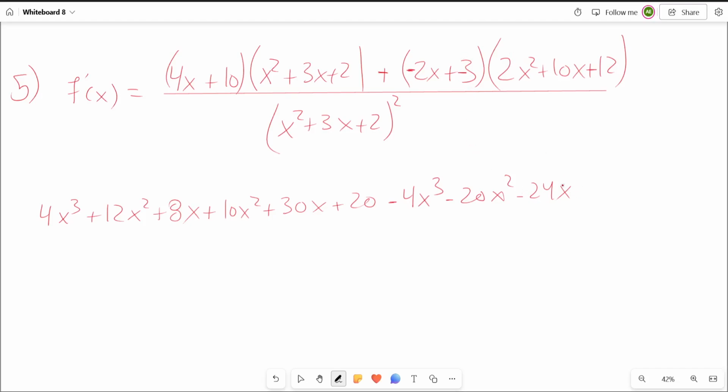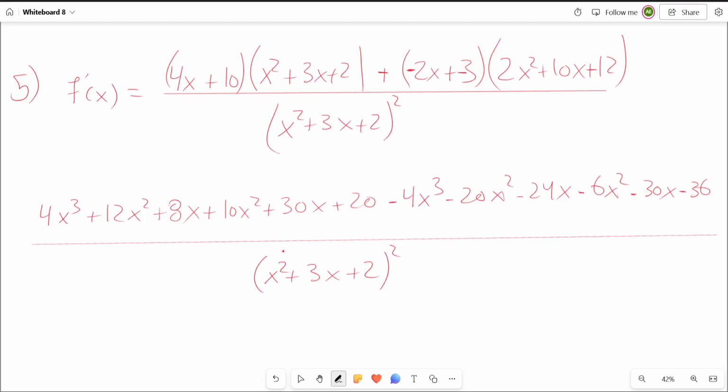Minus 3 times 2x squared is minus 6x squared. Minus 3 times 10x is minus 30x. Minus 3 times 12 is minus 36. That's a very long numerator, but we will simplify it over here. The denominator, I'm just going to copy it. So x squared plus 3x plus 2 all squared.